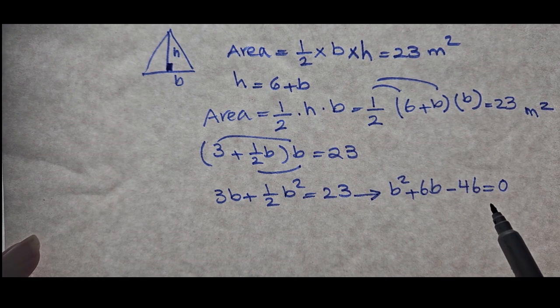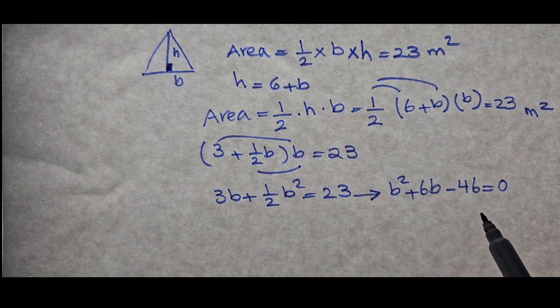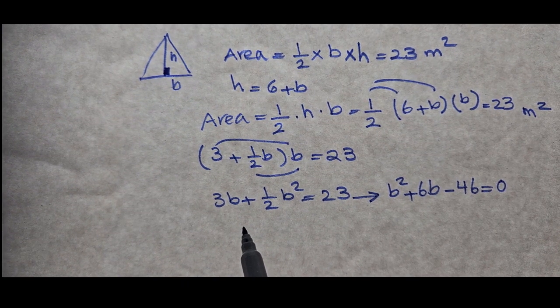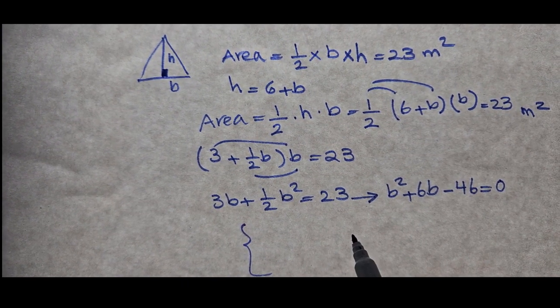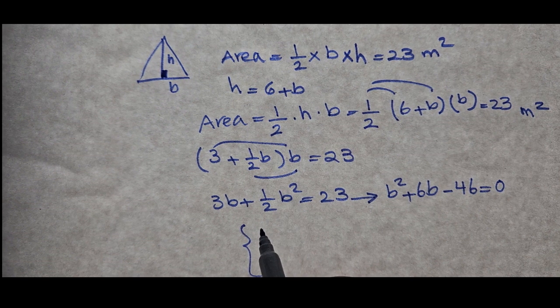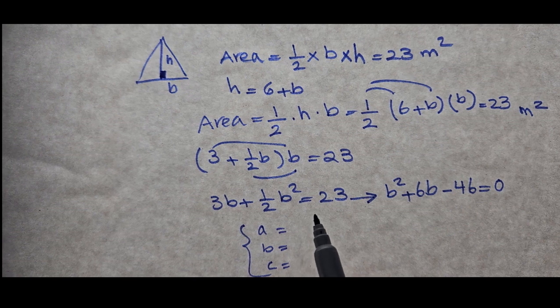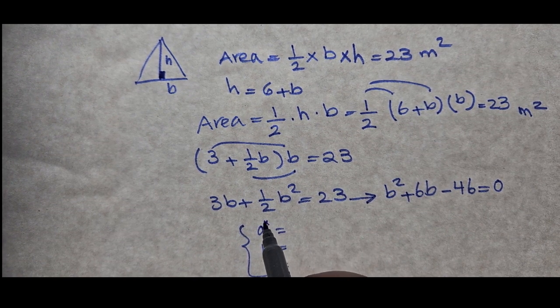What I can do here is use the quadratic formula. So let's solve it. If we want to use the formula, we have to find the a, b, c, which I put a star next to.